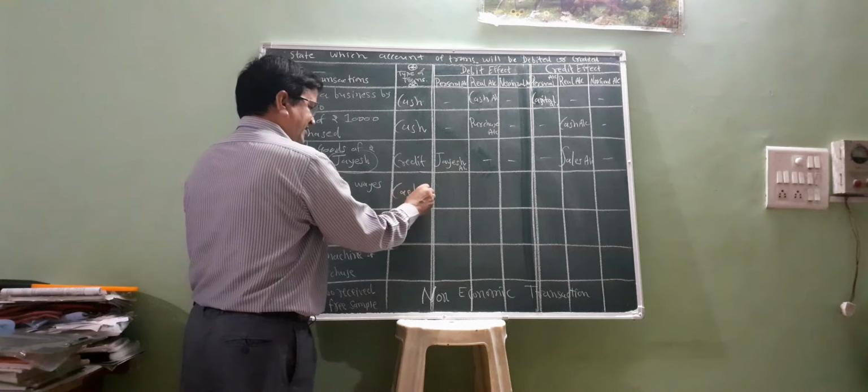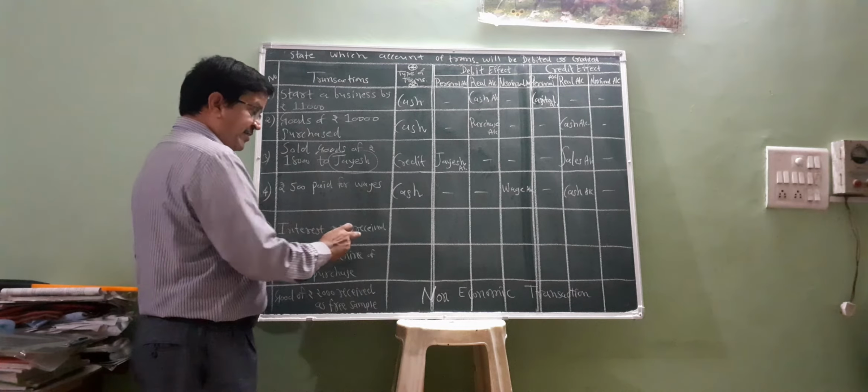And paid for wages: wages is an expense. All expenses and incomes are considered nominal accounts, friends. So in the nominal account, wages account: debit the expenses or loss. Debit the expenses or loss. You paid wages expense, so you have to debit the wages amount.